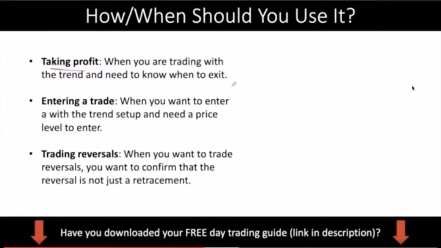Number 1 is very obviously taking profit. Let's say you bought somewhere here, and you have a Chandelier exit long. Let's just assume that this is the Chandelier line, and price goes up. Your buy position is here, you're in profit, but you need to know when to exit, because while you want to capture as much of the profit as possible, you do not want to give back the profits.